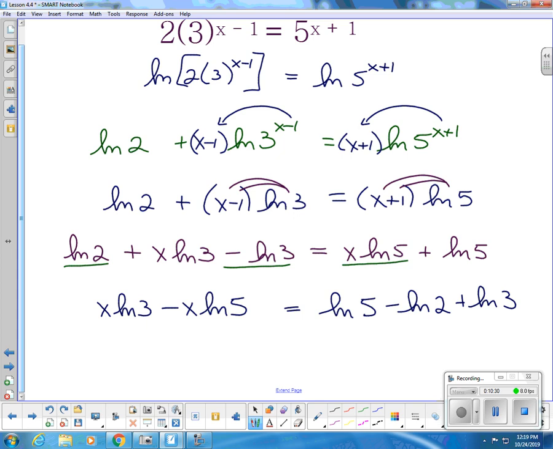We're taking everything that's green and moving it to the opposite side. All right? We still don't have, Max? We want everything with an x to be on one side and everything that doesn't have an x to be on the other side. All right.